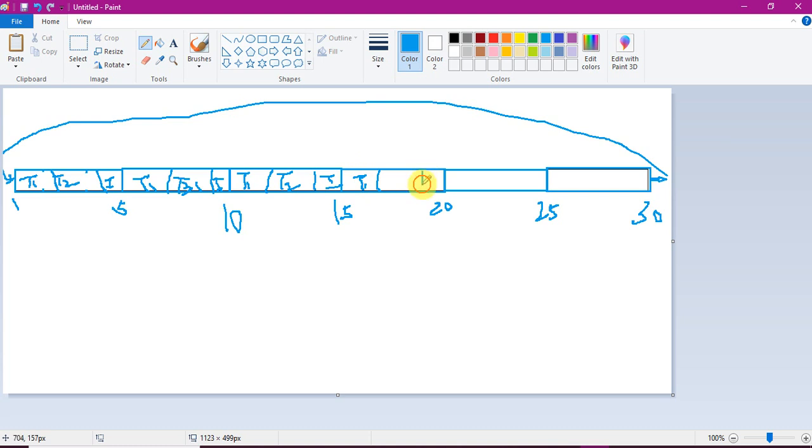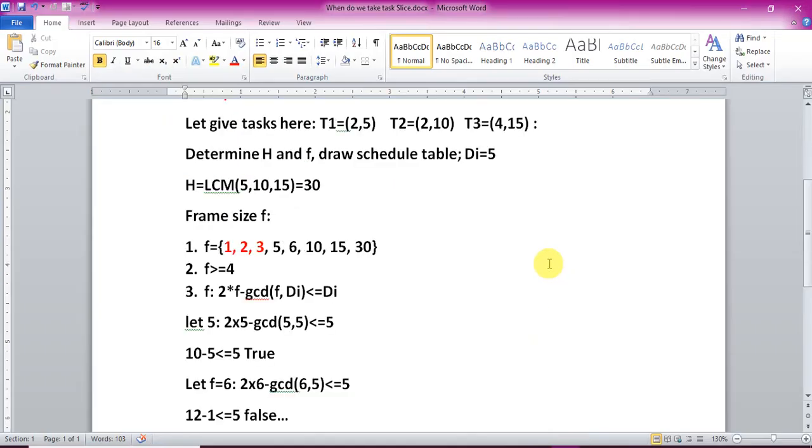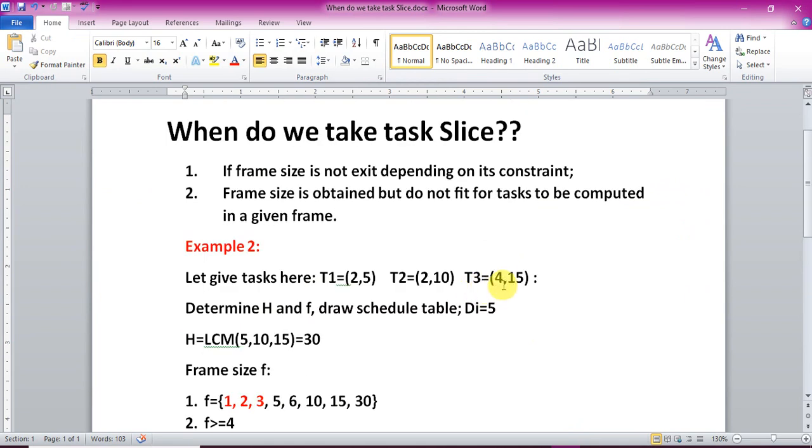Again, the remaining 2 units, let's give before 20. T2 cannot repeat. So this position can be used for T3 2. The problem is that T3 has to be computed within 15 time units.